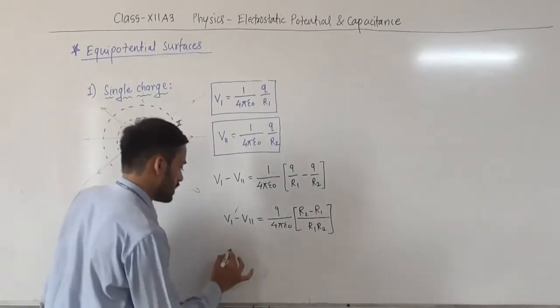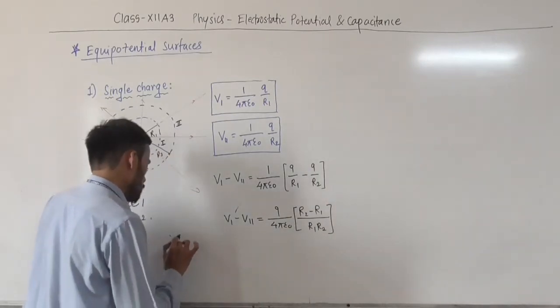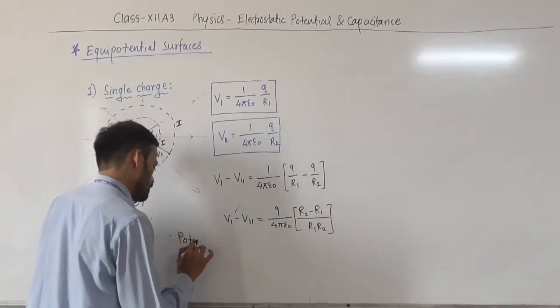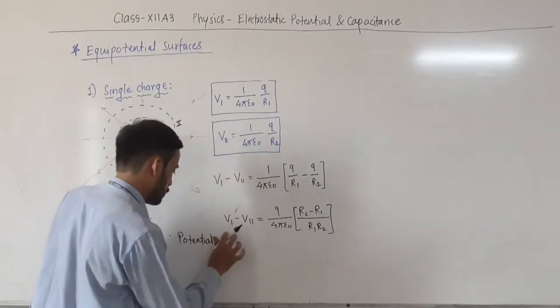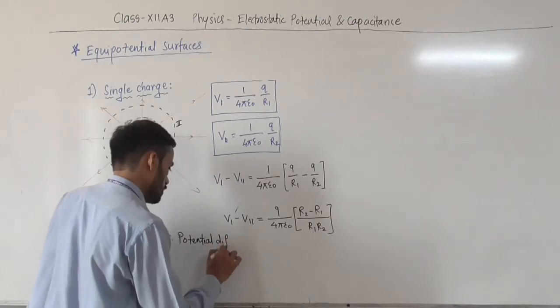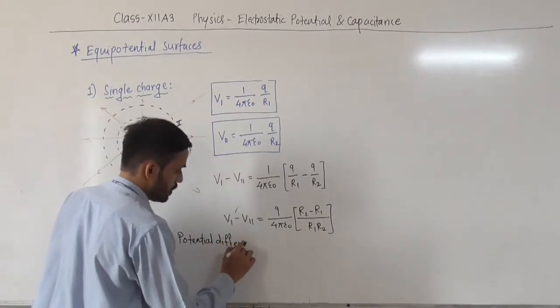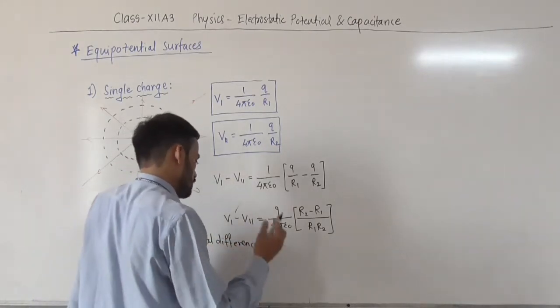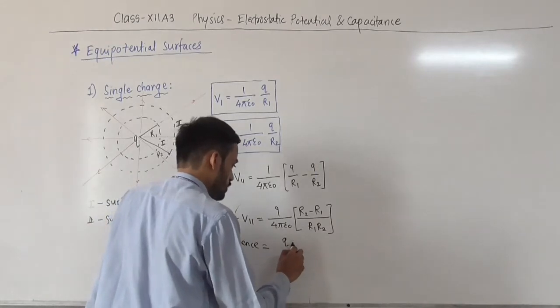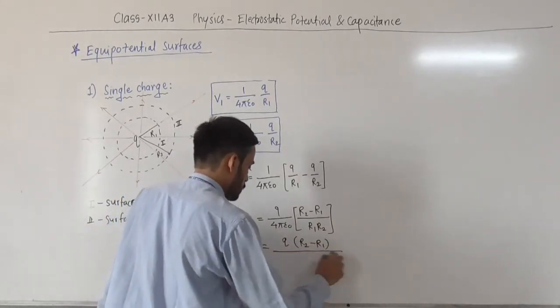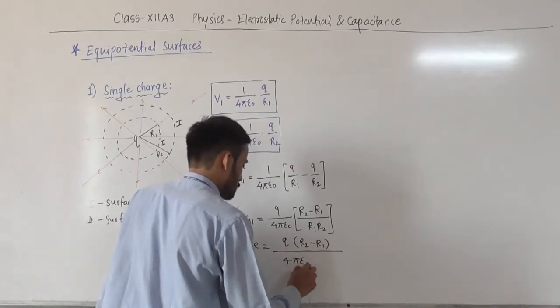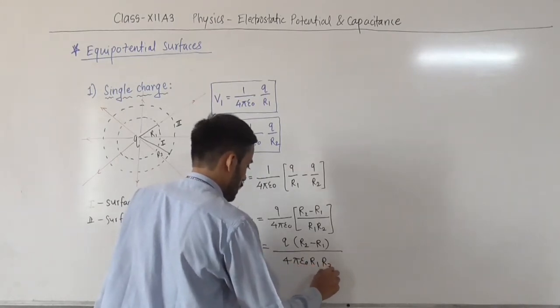So lastly what we can write? Therefore potential difference, ध्यान से इसको देखो, it's very important. Naturally always you will be in the need of this. Potential difference कितना लिखेंगे? Directly we can write Q into R2 minus R1 upon 4 pi epsilon naught R1 R2.